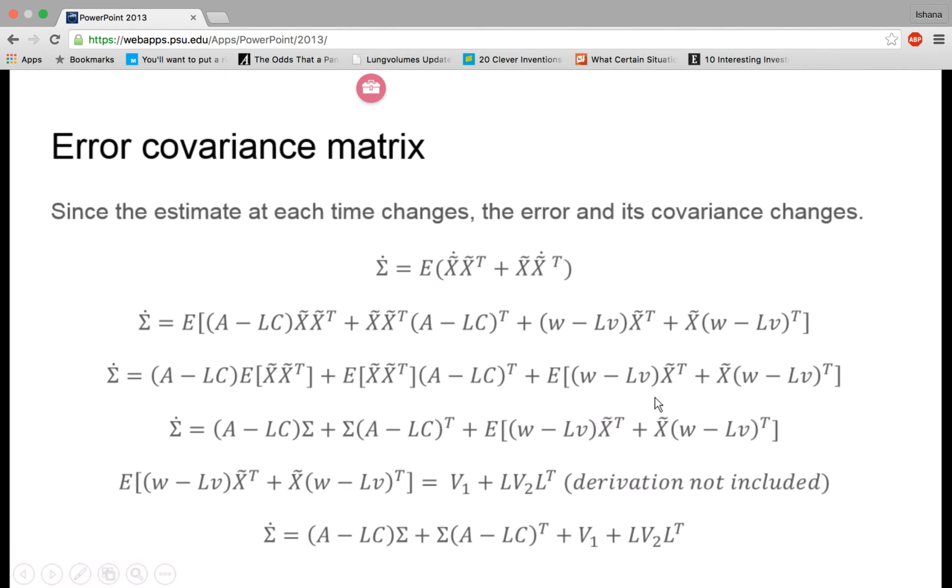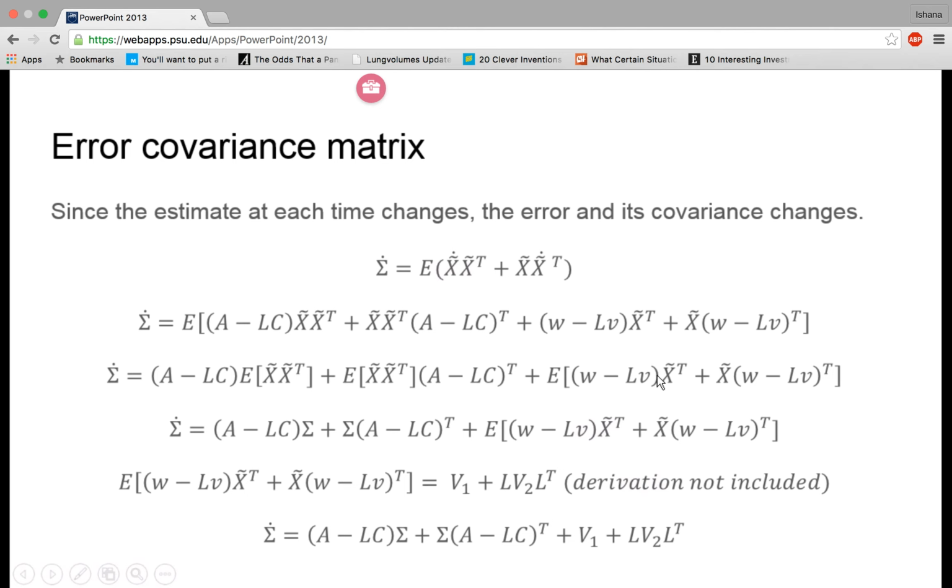And we take the expectation of this entire thing, which, if you notice, is basically the transpose of the other term. So this term, W minus LV times x tilde transpose, is equal to the transpose of x tilde times W minus LV transpose.